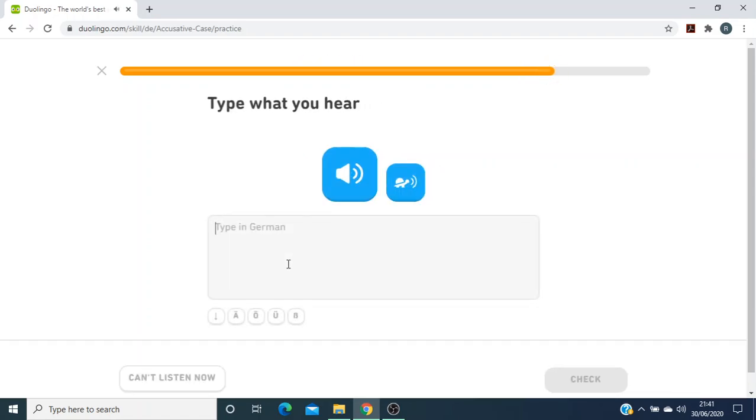Der Mann isst einen Apfel. So again, just watch out for whether it's nominative or accusative, saying if the man is eating an apple or if he is an apple.